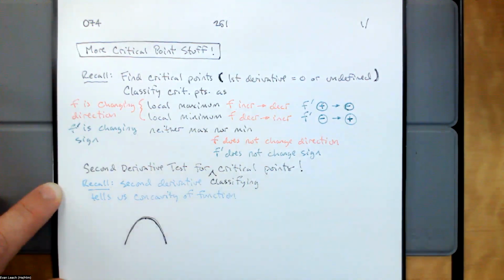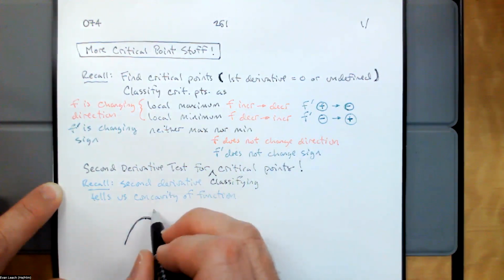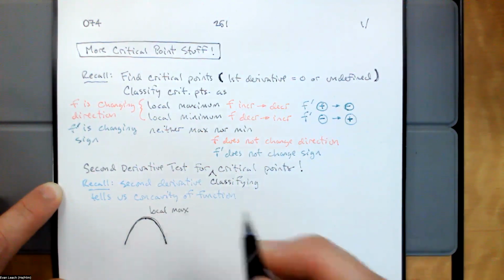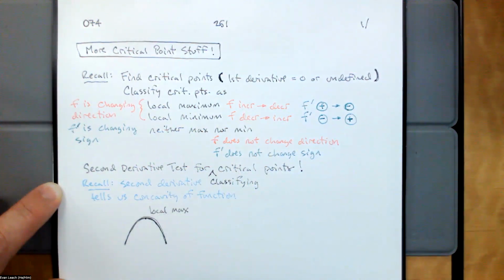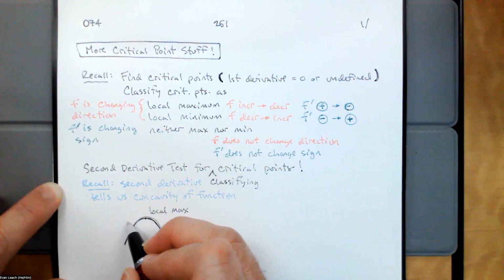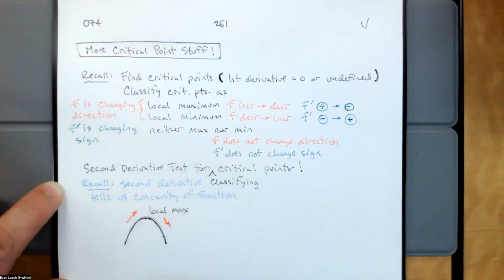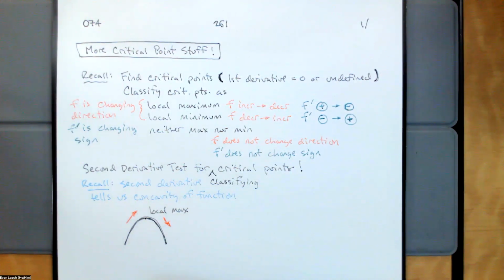So at this point, we have a local maximum, as the function changes from increasing to decreasing. The first derivative changing from positive to negative. And we'll notice that the function is concave down at this point.